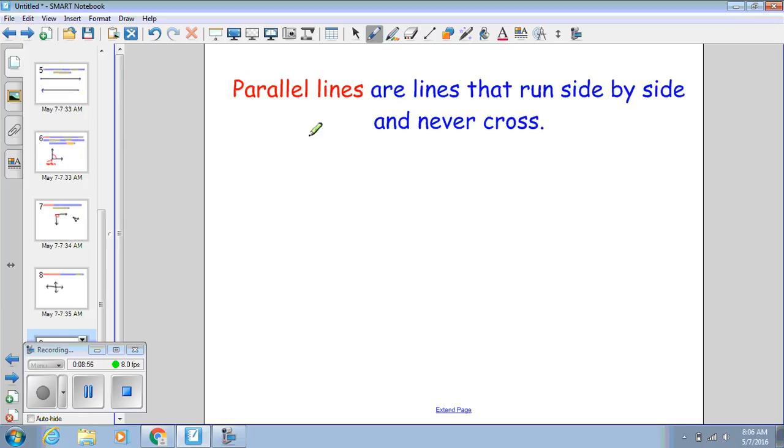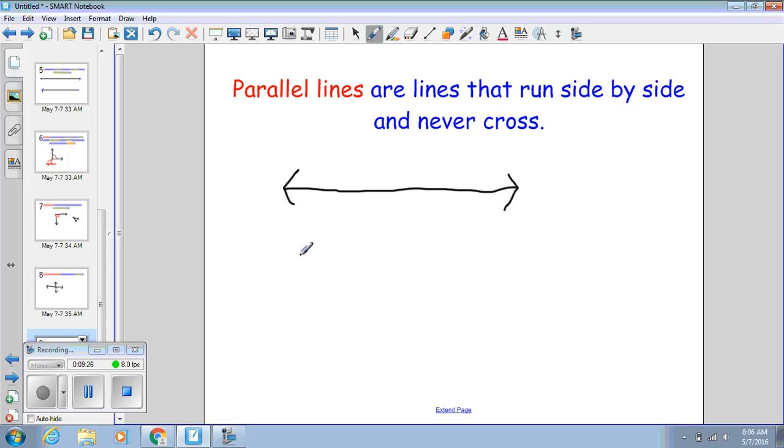Our final word to know is parallel lines. This definition says that parallel lines are lines that run side by side and never cross. So they're going to be different from the intersecting lines. Let's draw a representation of this. Okay, so I have a line running horizontally.